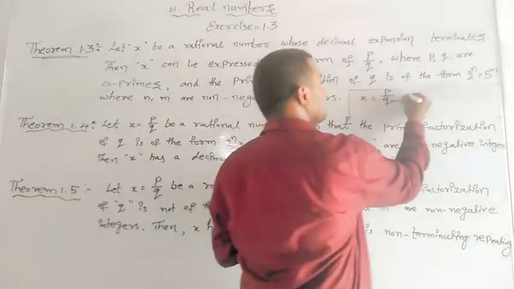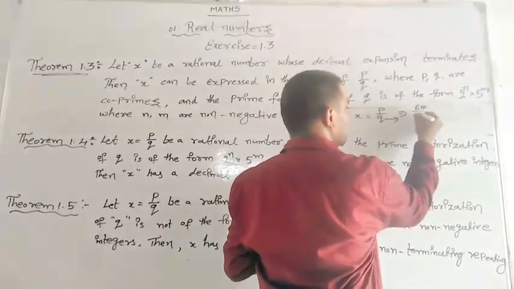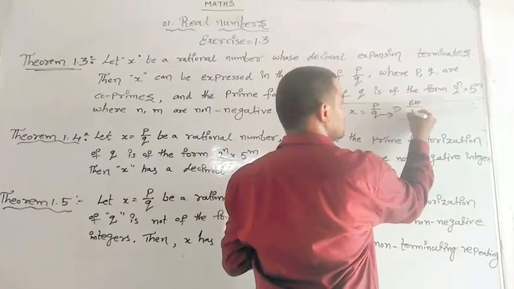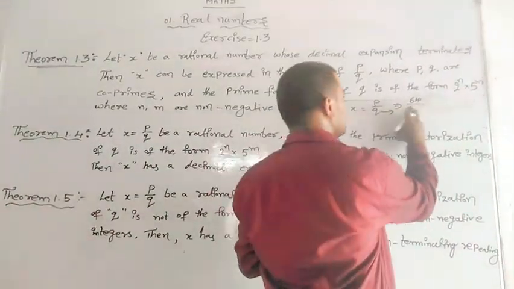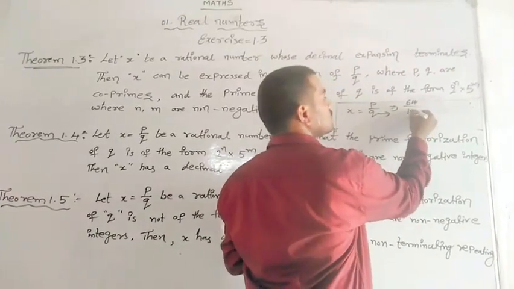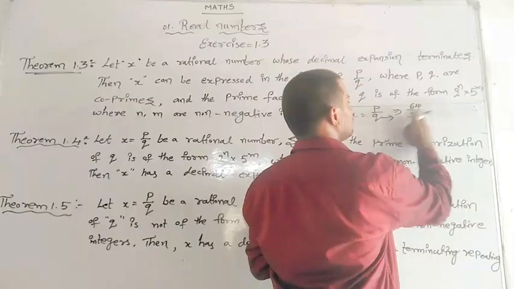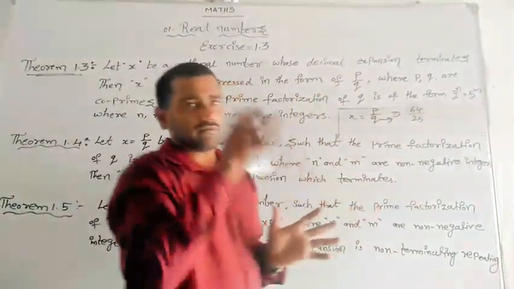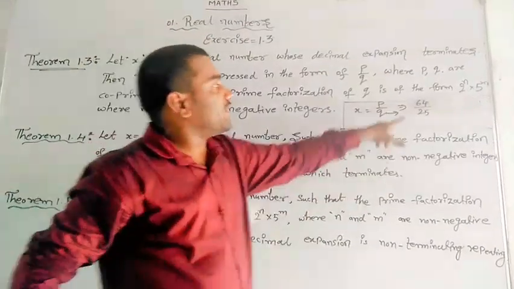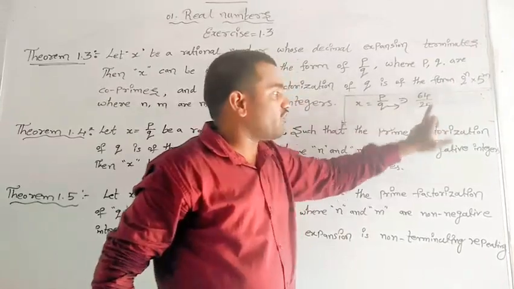So let me take here 64 by 16, suppose. Let us cancel, this can be cancelled. Why take this 64 by 25? Before example only. Now 64 by 25 is in the form of p by q, where p and q are co-primes.